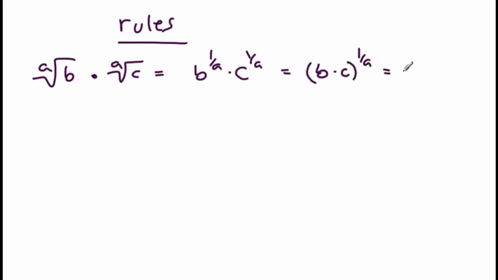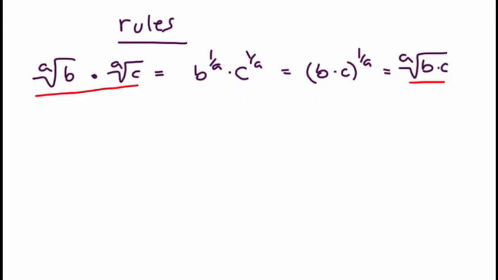So that's just going to be a as the index and b times c as the radicand. So if I take two radical symbols with the same index and multiply, I can just multiply the radicands inside the radical symbol. That's a nice starting rule for when we multiply.